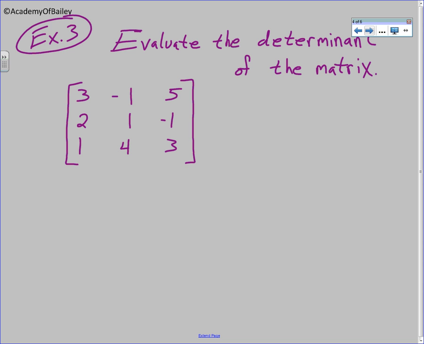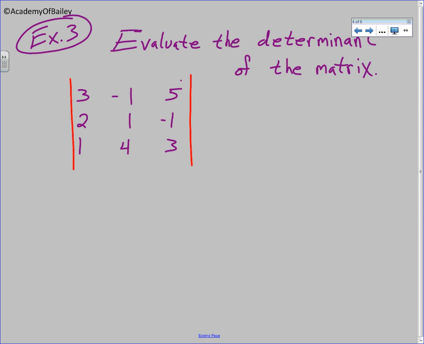Now if you notice here, we have a 3 by 3 matrix, which is a little bit different. We're going to calculate the determinant here. So here's the matrix. When we do that, it's going to have those vertical lines there, and that means that we're calculating a determinant.